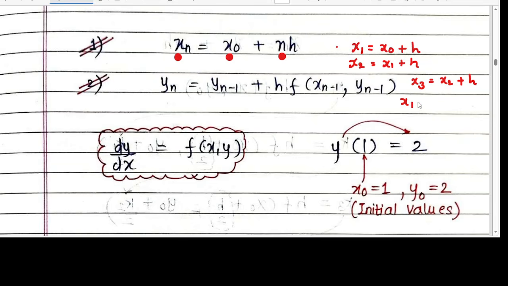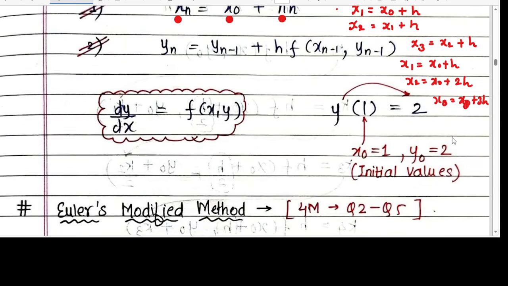Suppose we want x1, we can write x0 plus h. If you want x2, you can write x0 plus 2h. If you want x3, you can write x0 plus 3h, and so on. In this way we can find x1, x2, x3, and so on.